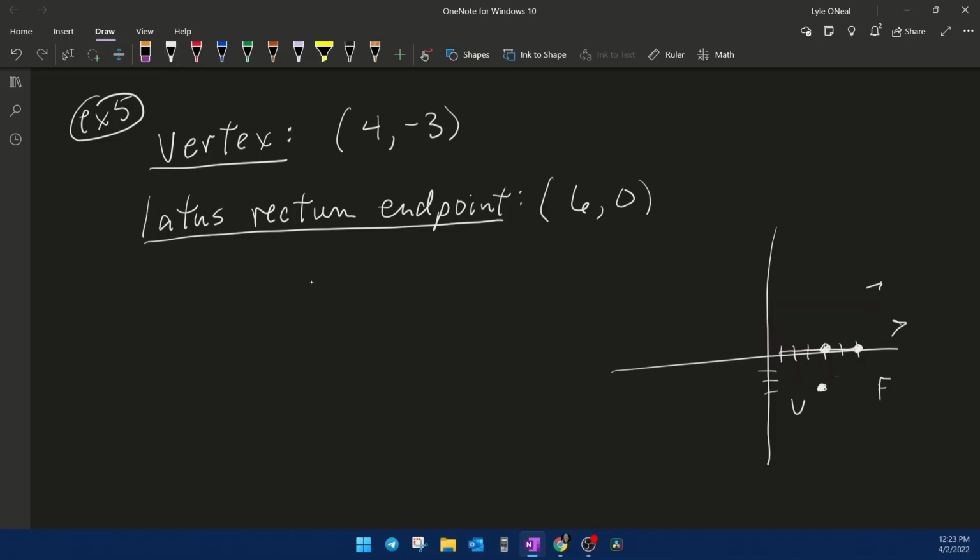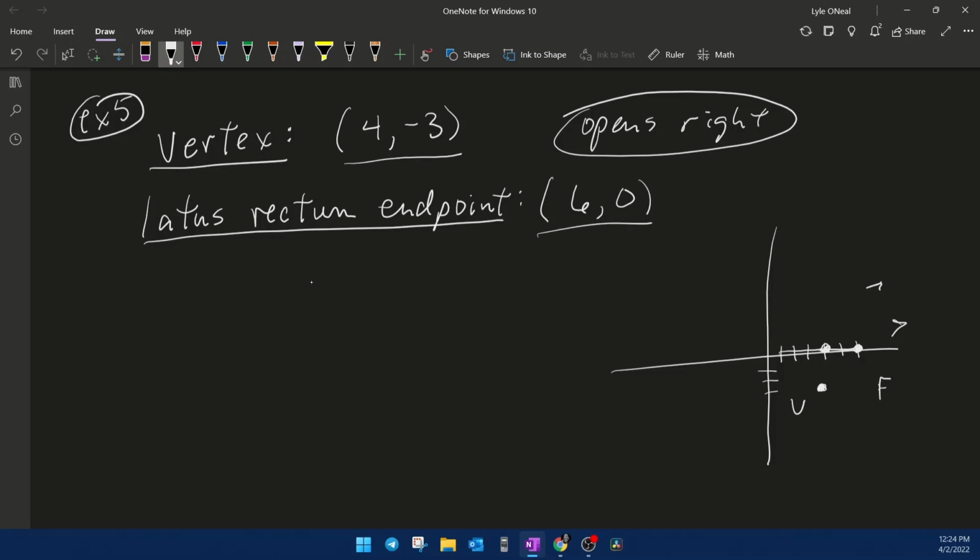So here, let's say that we are also given the information that the parabola opens right. And so now we have enough information to actually find the equation given the vertex and an endpoint of the latus rectum, knowing that it does open right.